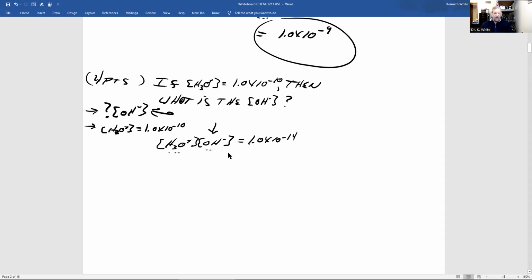How do I get it alone? How do I get rid of H3O plus concentration? I divide by that, because anything divided by itself equals the number 1, so it cancels out. So if I divide this side by H3O plus, what do I have to do to the other side too?